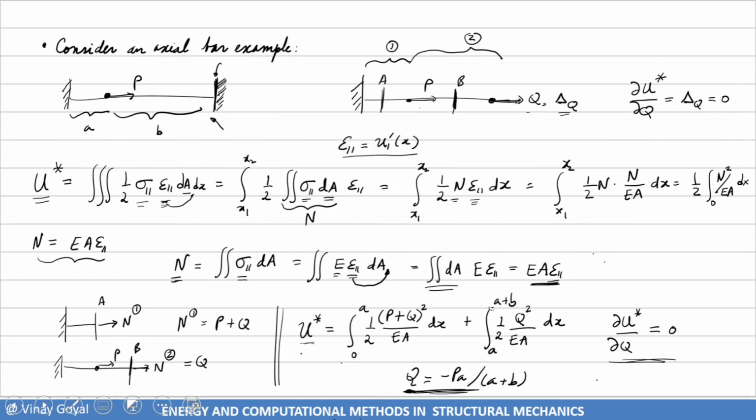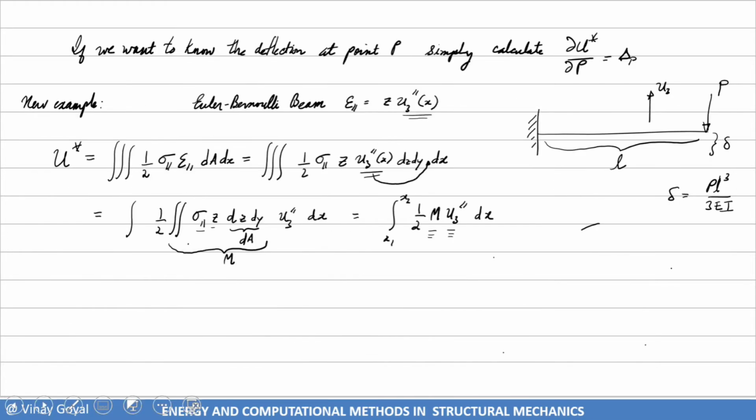Just like in an axial bar, N is energetically conjugate to the axial strain, and in 3D, sigma 1 is conjugate to epsilon 1. Very similar, we're getting the idea that M is conjugate to u3 double prime. Very exciting.